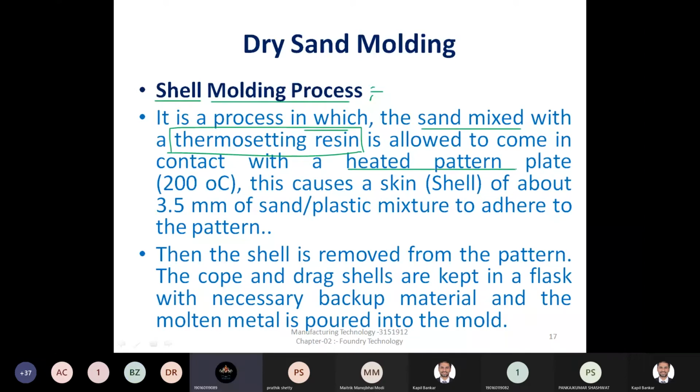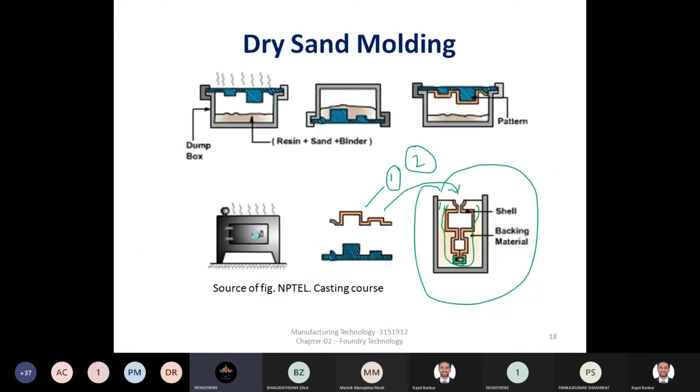The pattern is heated to around 200 degrees centigrade in the oven. This causes a thin shell of about 0.5 mm of sand to form on the pattern. In this figure, this falls on the pattern.